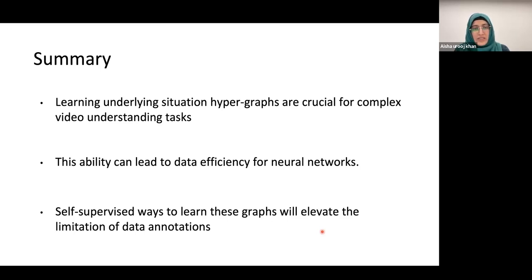So that is one limitation, which also leads to another limitation, which is scalability. If we could find some self-supervised ways to learn these graphs, and this is very much possible, that will alleviate the limitation of data annotations, and it will help us in scaling these systems, and enable us to solve many more complex understanding tasks.